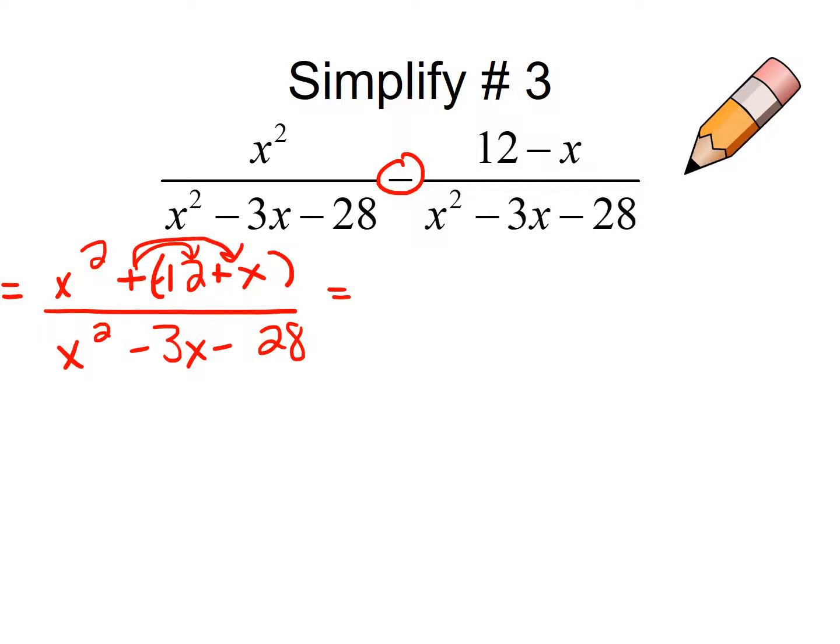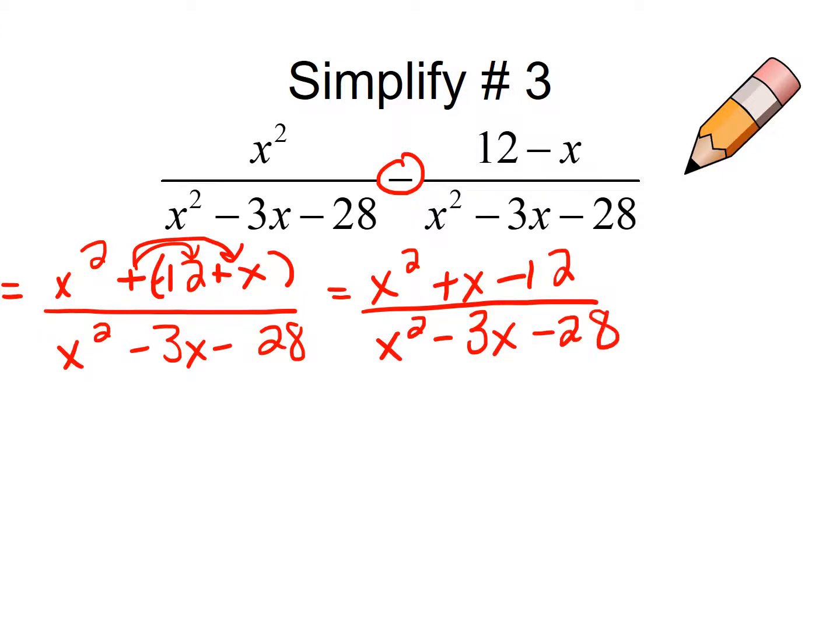So I'm going to rewrite that in standard form. So I have x squared plus x minus 12. I distributed that negative and wrote it in standard form all in one step, all over x squared minus 3x minus 28. Before we circle this as our final answer, we should make sure that we can't reduce it any further. So let's factor the top and factor the bottom.